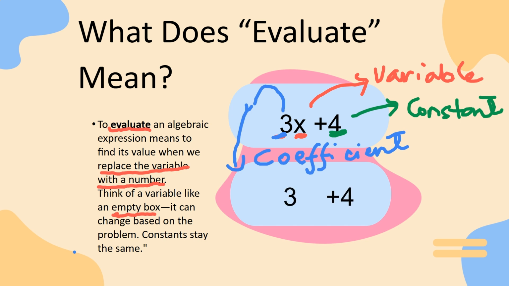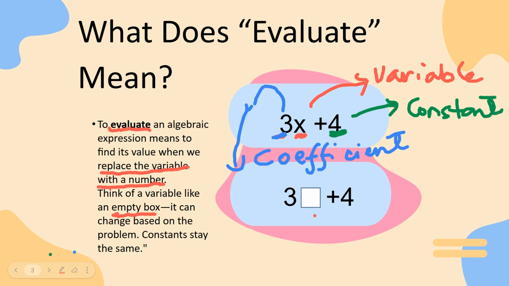Now let's try to picture what this statement is trying to tell us. It says here, think of a variable like an empty box. It can change based on the problem.